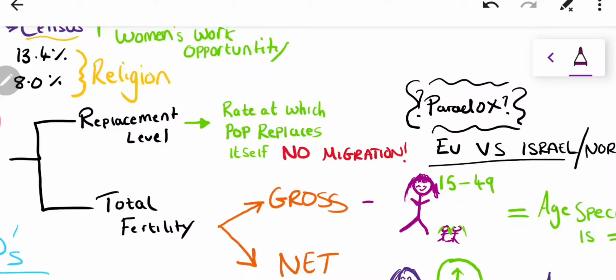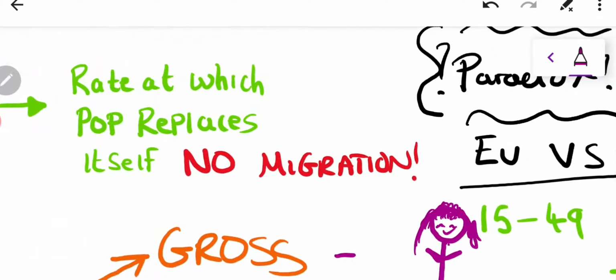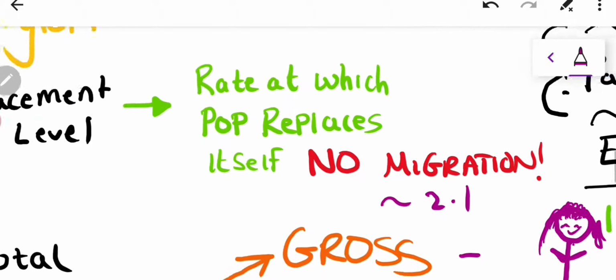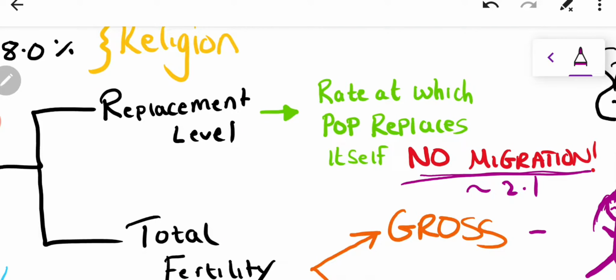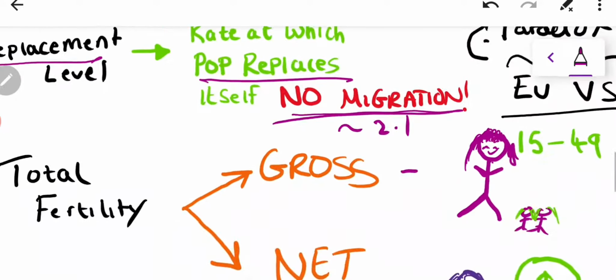Obviously you have a mom and a dad, and they would need to have 2 kids to equal things up. This is the rate at which the population replaces itself, and we do not include migration. So replacement level: what's the rate at which the population replaces itself?